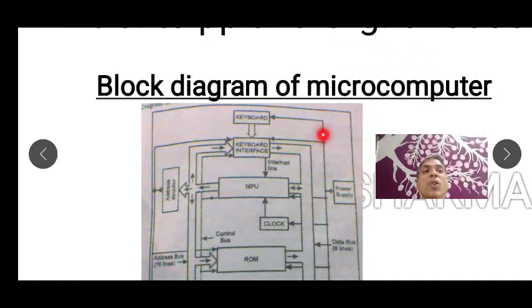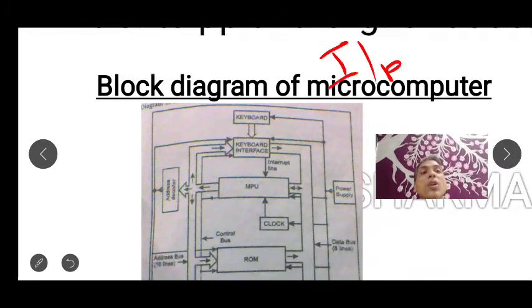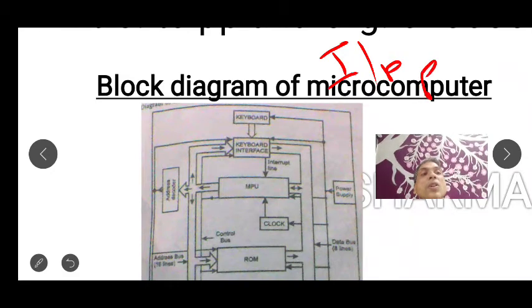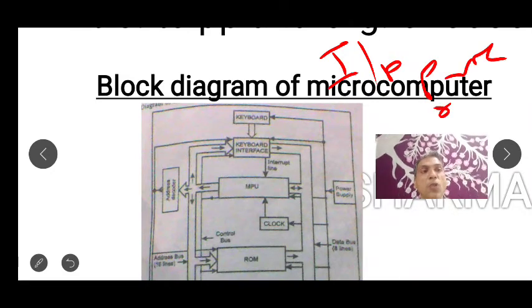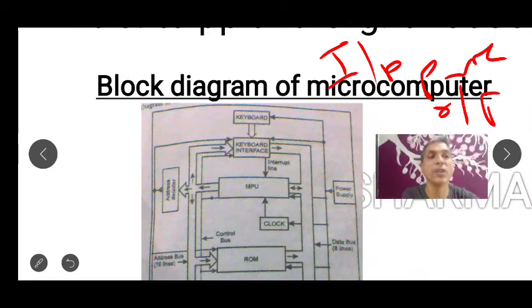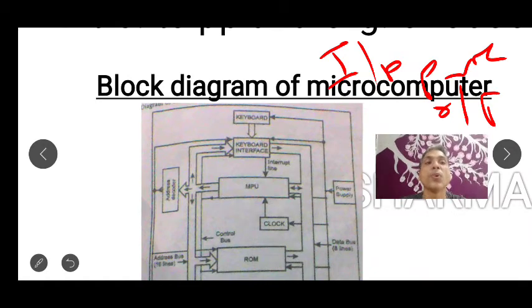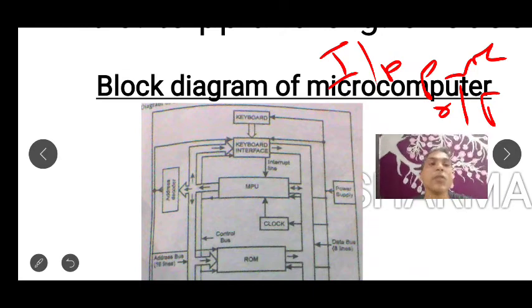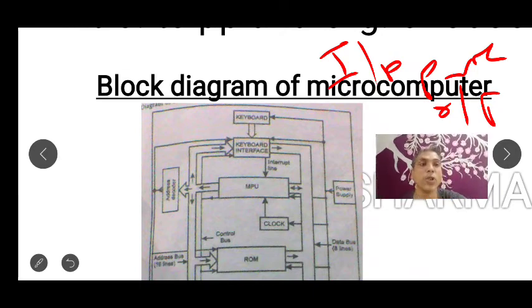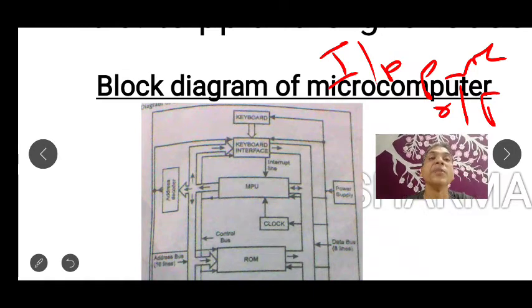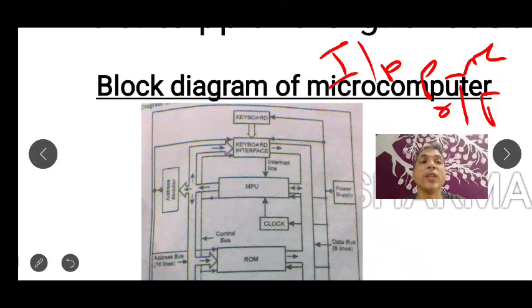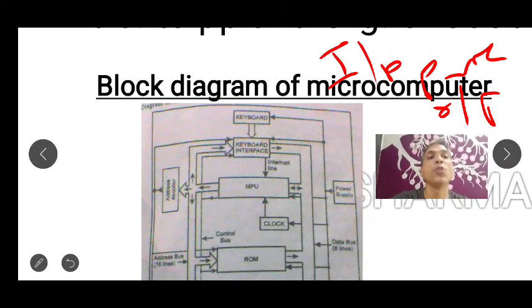I think everyone knows that there are three important things: input, process, and output. Whenever we talk about computers, we have these three things, so where are these three things in this diagram?